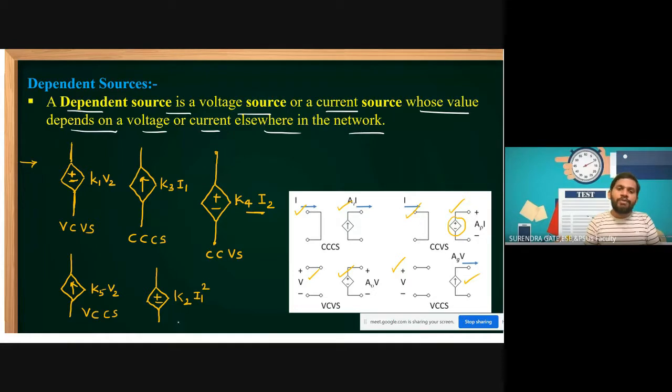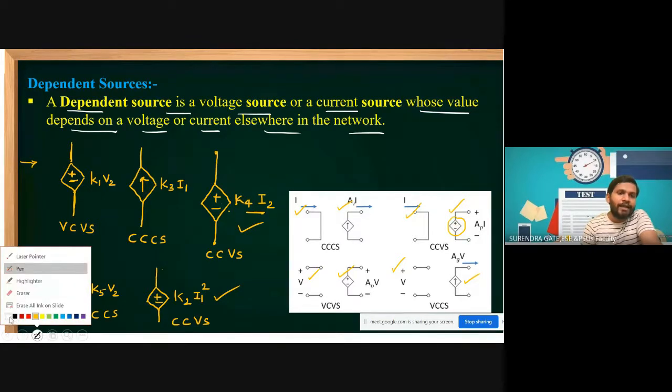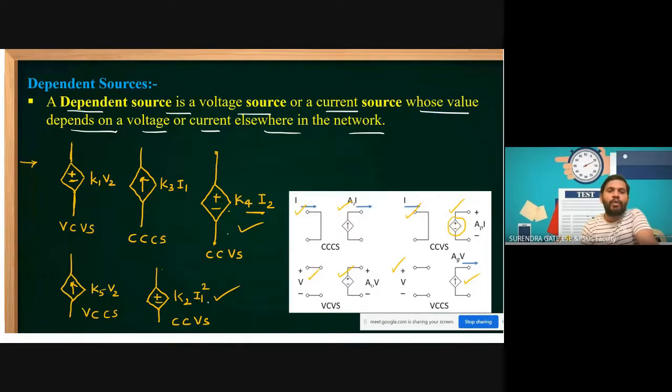It is also a current controlled voltage source. But what is the difference between these two? Both are current controlled voltage sources.